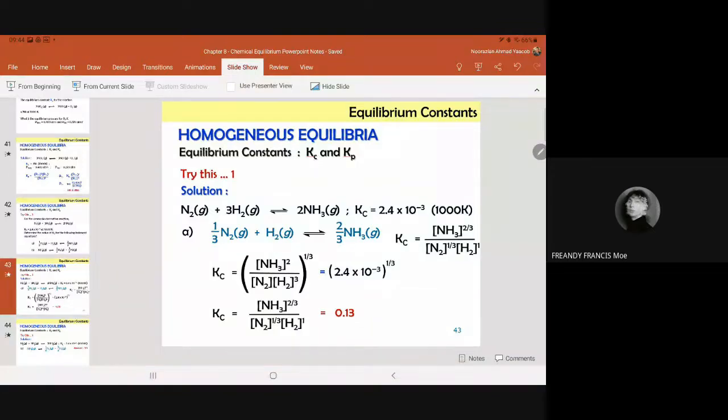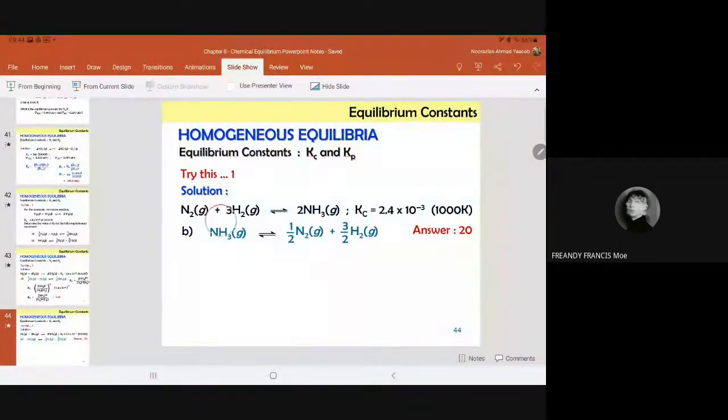Okay, salah. Tengok balik equation dia. Equation yang diberikan adalah terbalik. H2 dekat produk. Bukan 0.05 juga, bukan 0.049.